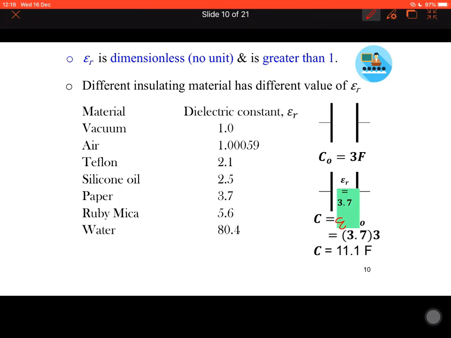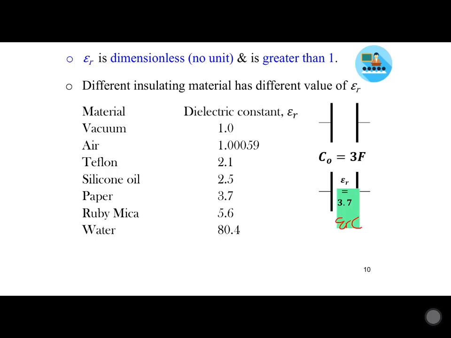You substitute the value of 3.7 for epsilon R and 3 for C naught, and we will get the capacitance for this capacitor, which is 11.1 farad.